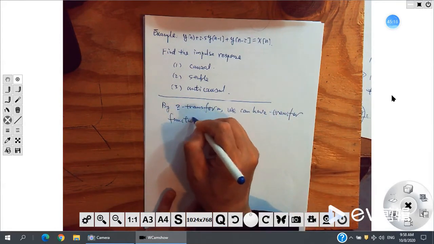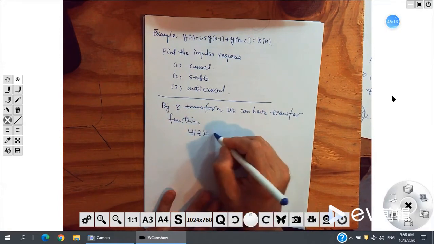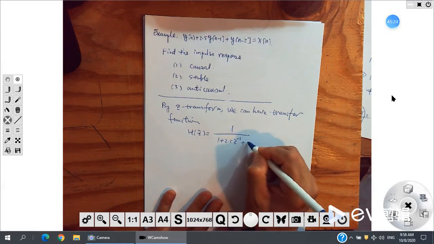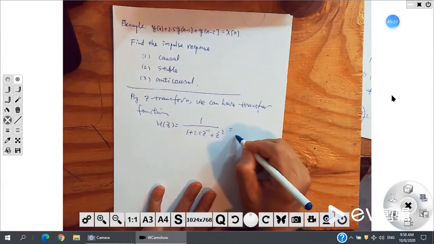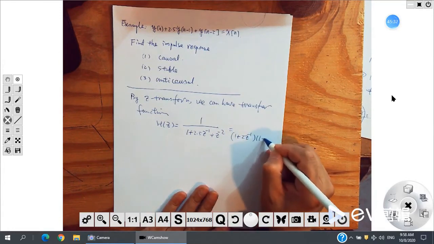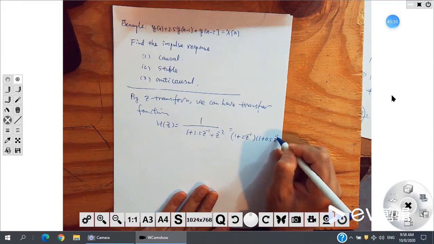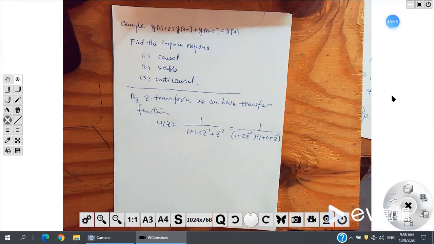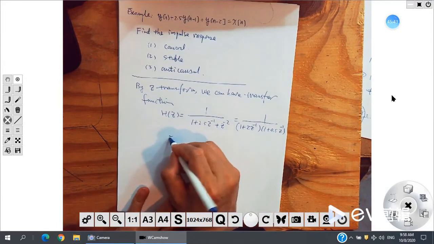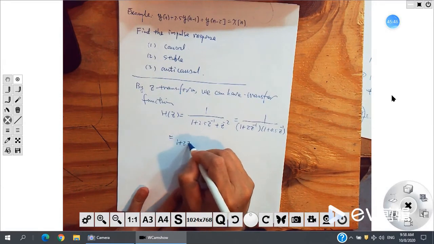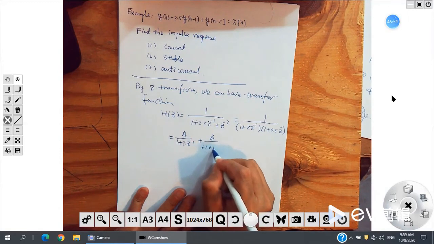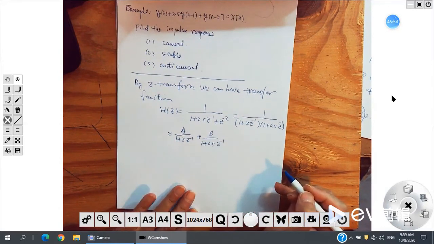Transfer function h of z will be 1 over 1 plus 2.5 z to negative 1 plus z to negative 2, which is 1 over (1 plus 2 z to negative 1) times (1 plus half z to negative 1). Then we can do the partial fraction: A over 1 plus 2 z to negative 1, and B over 1 plus 0.5 z to negative 1. So we want to determine A and B.